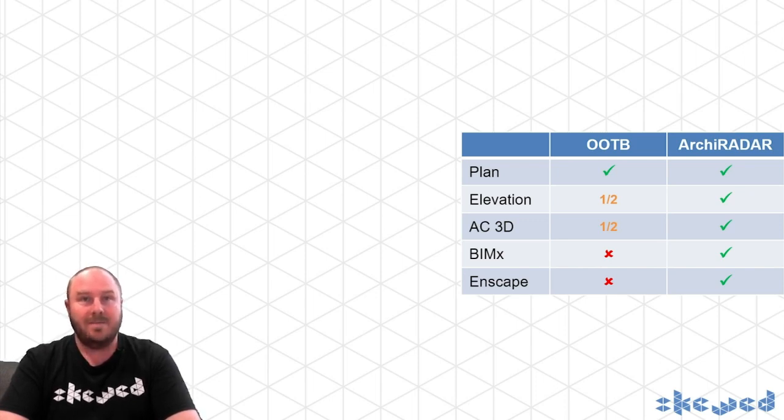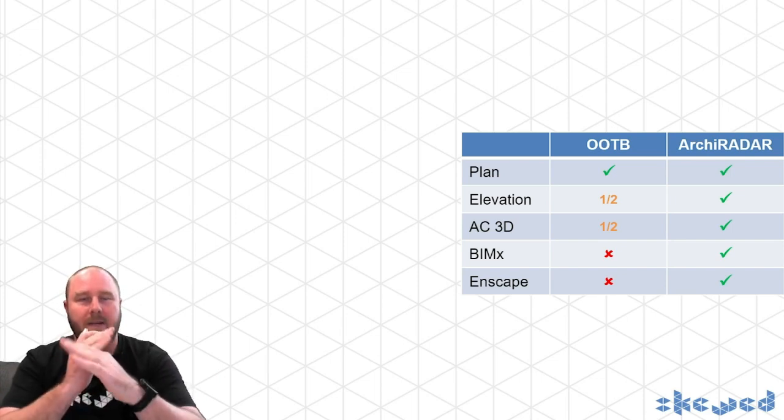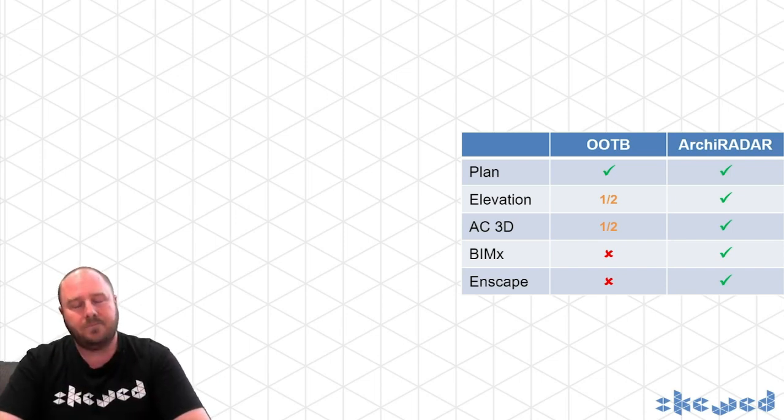In elevation, it's hit and miss, because sometimes it'll put up a textured board, and sometimes it might look right, but sometimes it won't. And when it's in Archicad in 3D, you'll end up with the single flat panel, or a cross panel where it has two specific cross angles with the same image across the two sides to try and look like a plant.